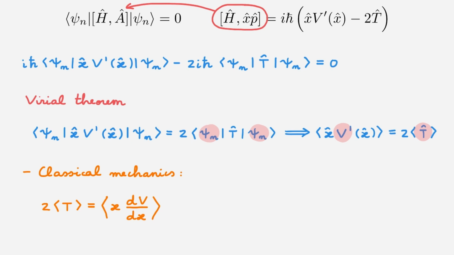In classical mechanics, we know that the force acting on a system is equal to the negative gradient of the potential. So we can also rewrite the classical Virial theorem using the negative time average of x times the force. And this is actually where the name Virial in Virial theorem comes from, specifically from the Latin word vis, which means force.